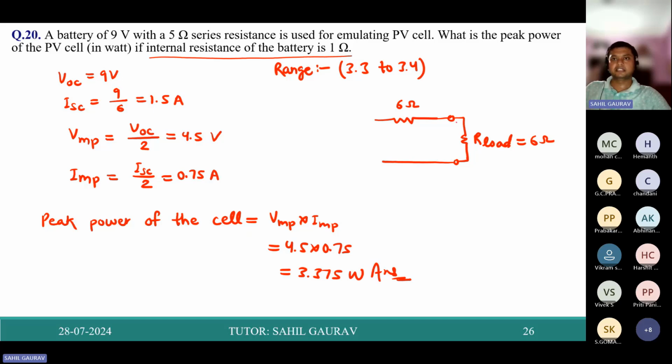If you short circuit, all the current will flow only through this 6 ohm, and in the maximum power point condition this R load will come, so the current gets divided. So from here you get IMP equal to ISC upon 2, because it is voltage division.